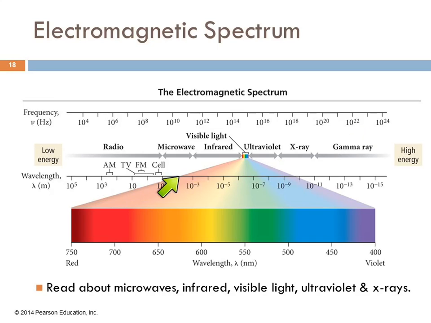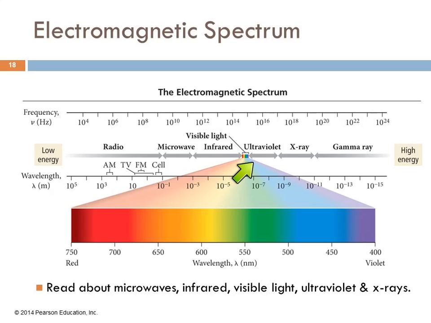Here's the same scale, but in wavelengths of meters. So here's 10 to the 5th meters. That's 100,000 meters wavelength. It's a really long wavelength. And over here we have 10 to the minus 15th. So this is short wavelength, large frequency, because they're opposite of each other.